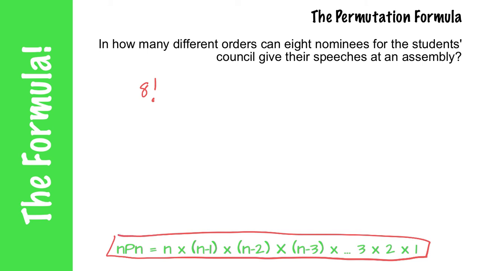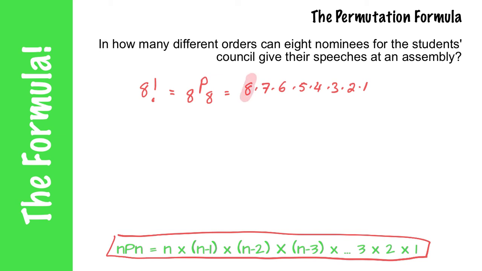It's going to mean exactly the same thing, but it sets us up for a couple of different notations. So 8 factorial is the same as saying you're starting at 8 and you are going to go 8 places to the right. So that will turn into 8, 7, 6, 5, 4, 3, 2, 1.